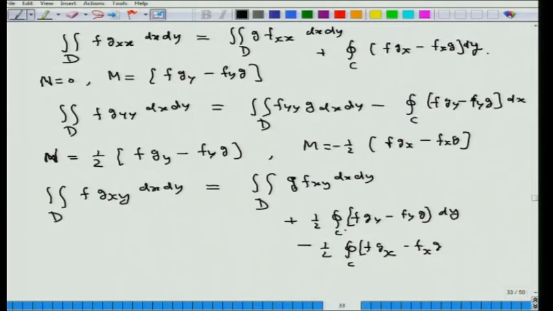All these boundary integrals are over C. So these are the higher order integration by parts formulae for this.